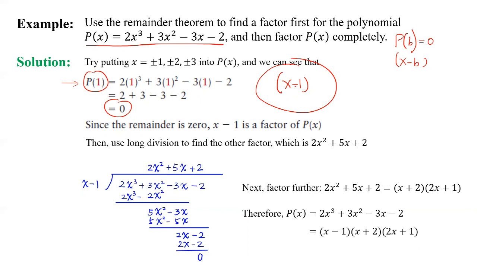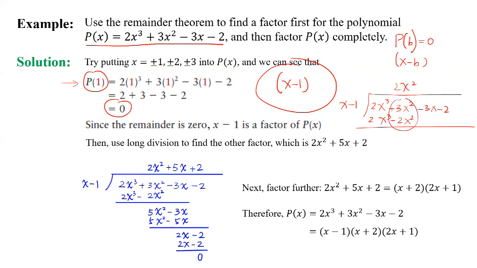Then how do we get the other factor? We can get the other factor by using long division, right? I'll perform a long division here for you. The original polynomial is this one, right? And one of the factors is x minus 1. So first we can land a 2x squared here, which will get 2x cubed minus 2x squared.